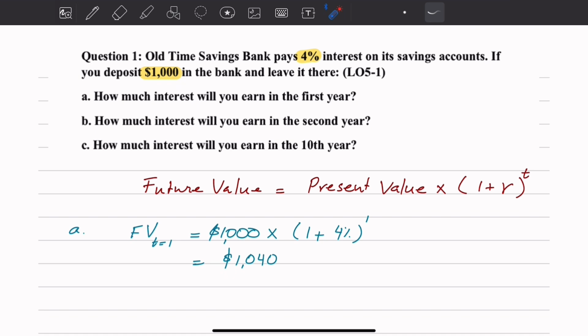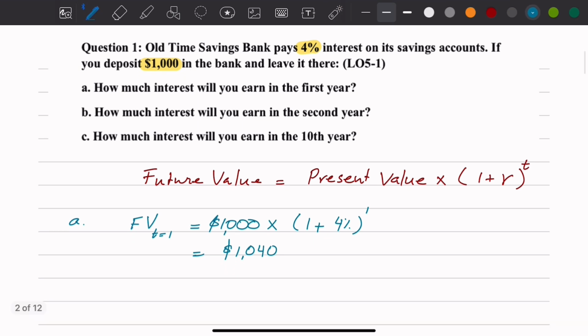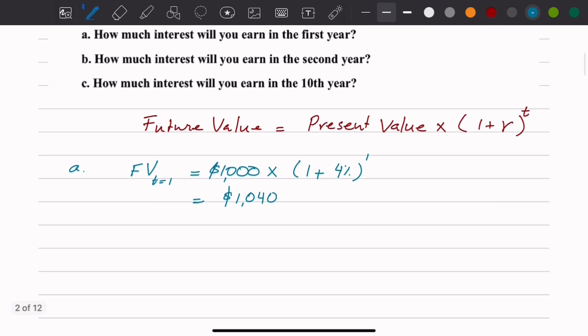Okay? So we could say interest earned at year 1 is going to equal the future value at time equals 1 minus the present value.